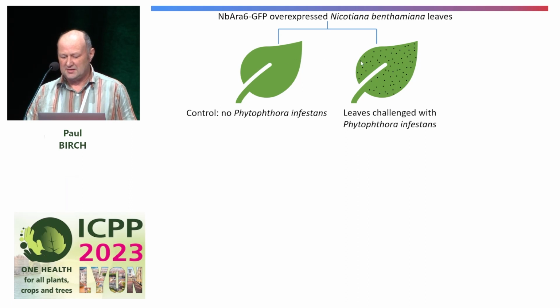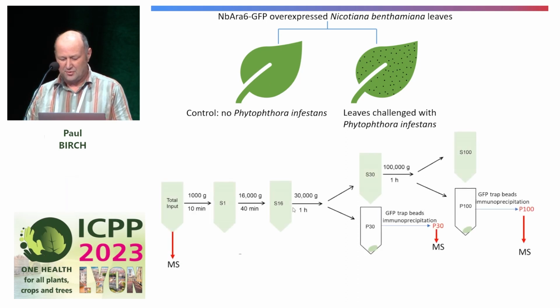In both cases, these plants are expressing our ARA6 GFP. We're then going through our process of trying to enrich the endosomes and then an IP as well of the ARA6 GFP out of the 30,000, 100,000 spins. And all of these, including the input, are going in triplicate into mass spec from different replicates.